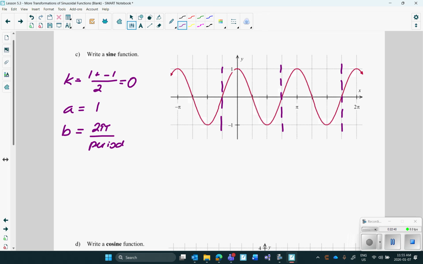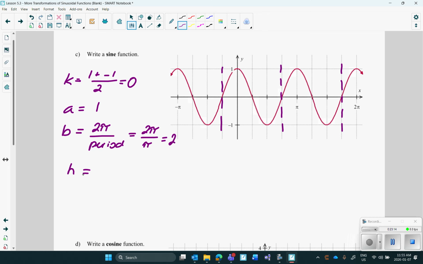It doesn't matter which one you choose, because the period is still going to be the same. What's the period? Well, if 4 notches is pi, 1 notch is pi over 4, so it's 1 pi over 4, 2 pi over 4, 3 pi over 4, 4 pi over 4, which is pi. So B is 2.